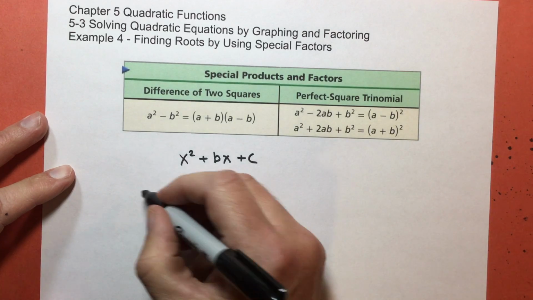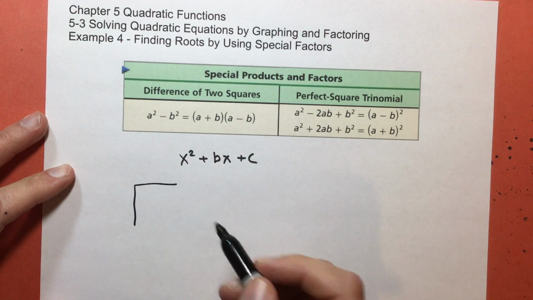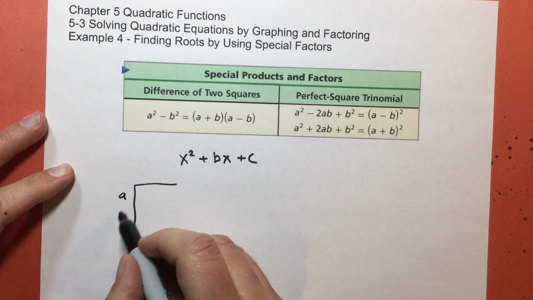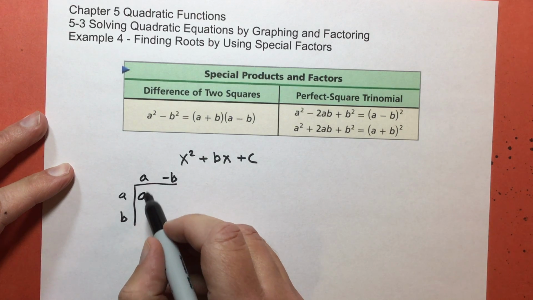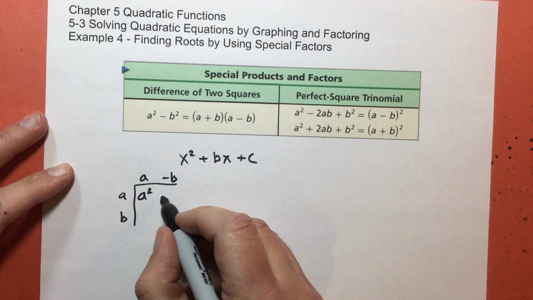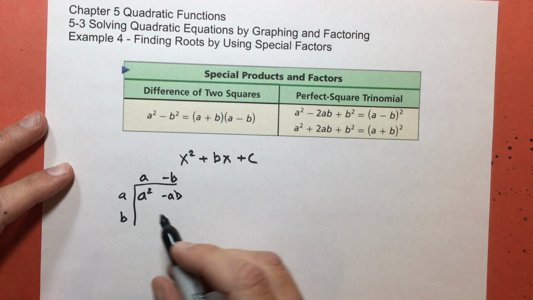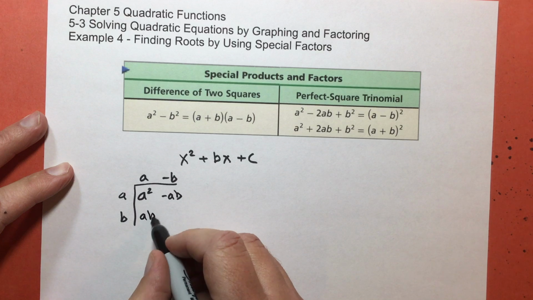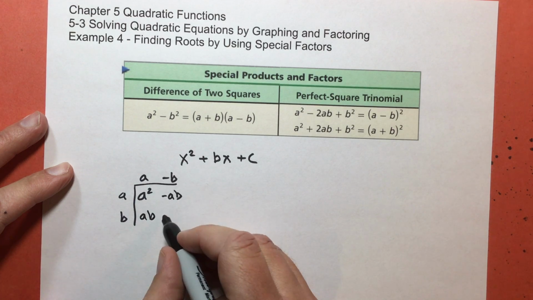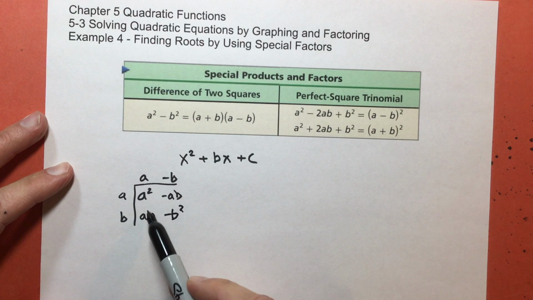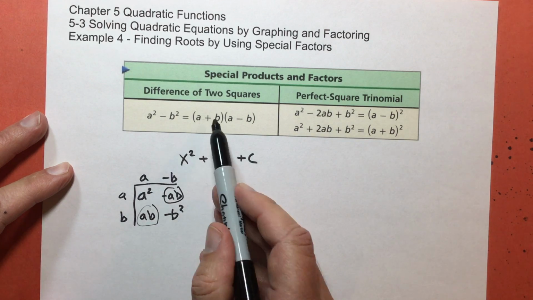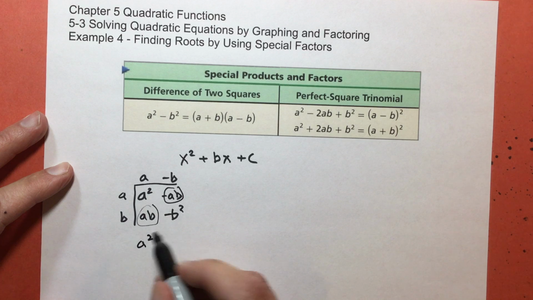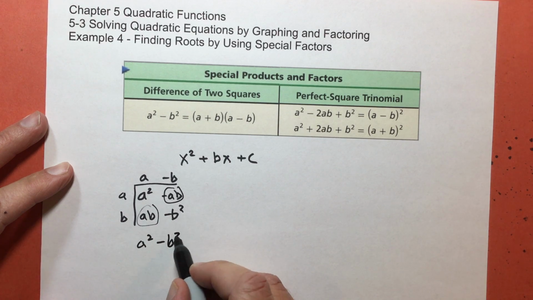If I multiply to show what happens, a plus b times a minus b: a times a is a squared, a times negative b is negative a times b, b times a is positive a times b, and then b times negative b is negative b squared. These two middle terms have a sum of 0. They're opposites of each other. So a plus b times a minus b equals a squared subtract b squared.